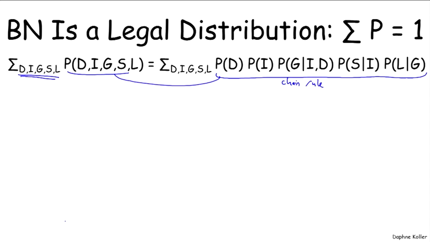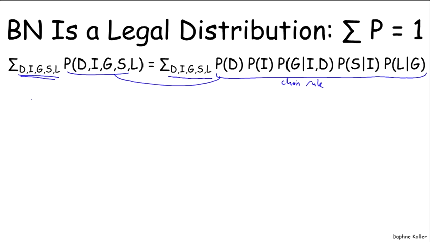Okay. So here is the magic trick that we use whenever we deal with distributions like that. It's to notice that when we have this summation over several random variables here, and inside the summation we have a bunch of functions, each factor only involves a small subset of the variables.